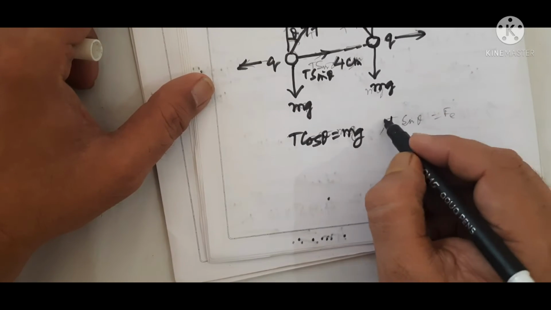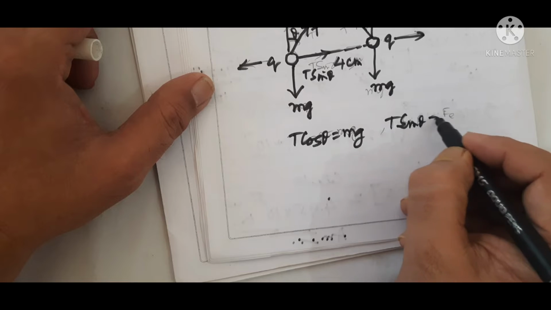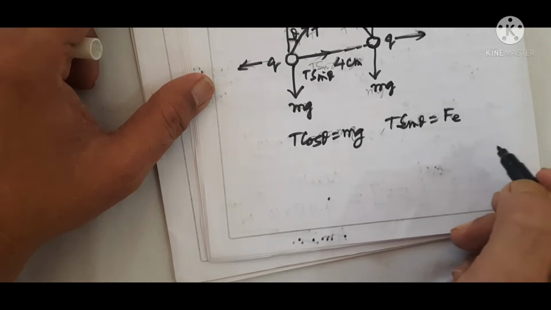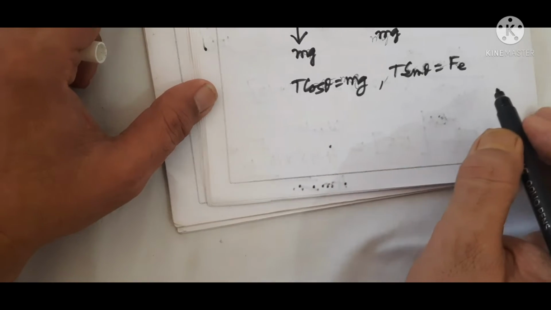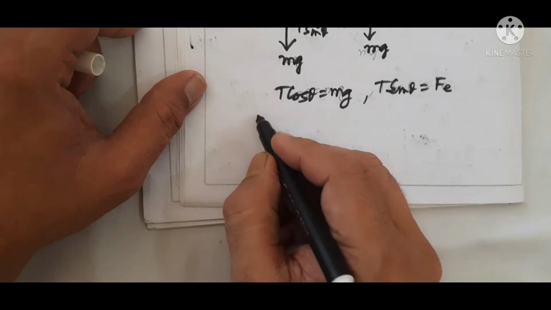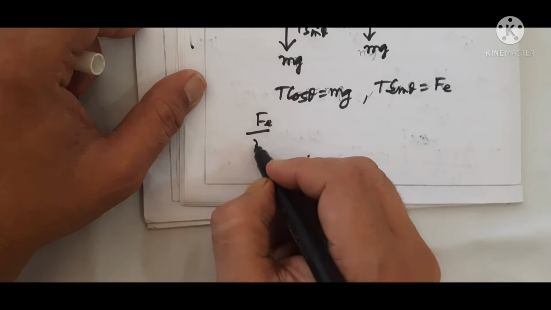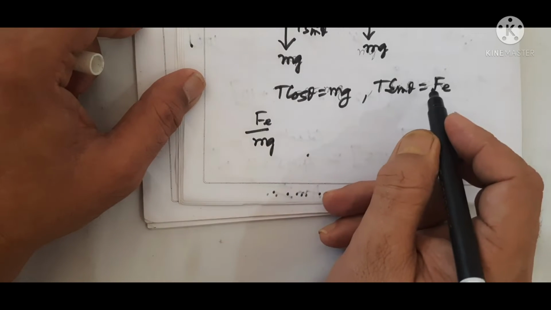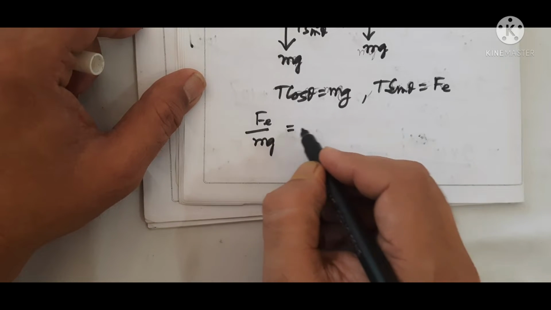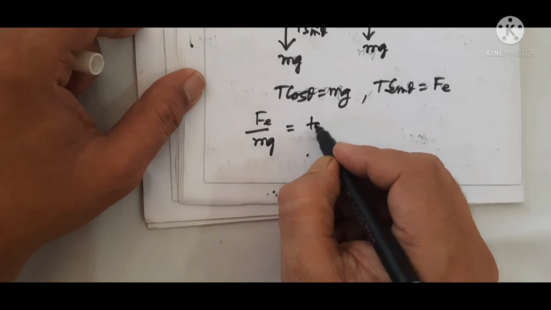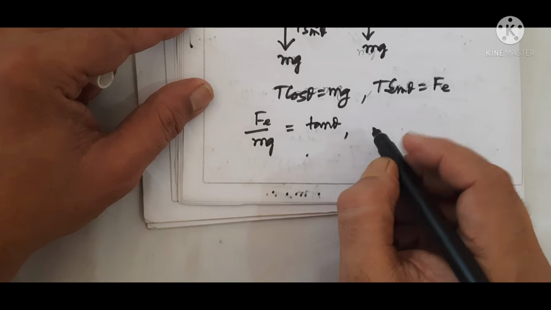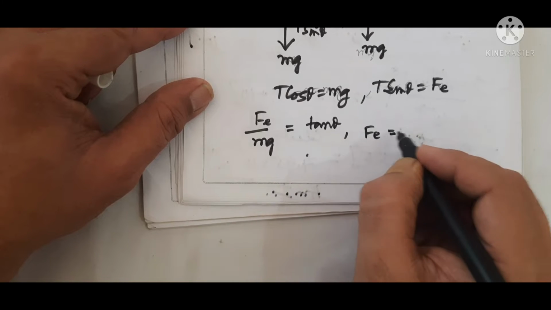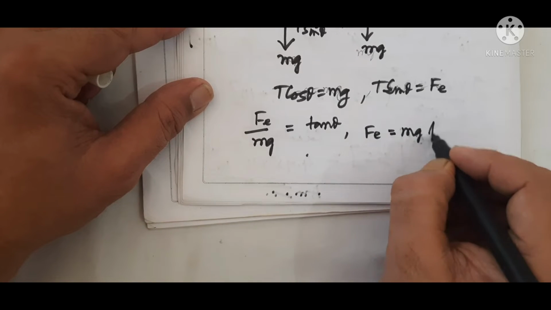So we can write T sin theta is equal to electrostatic force of repulsion between these two. If we divide these two, then what happens? Fe by mg is equal to tan theta, right? So Fe is equal to m into g into tan theta.